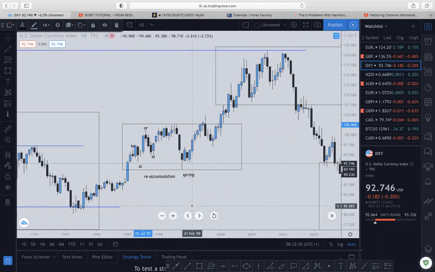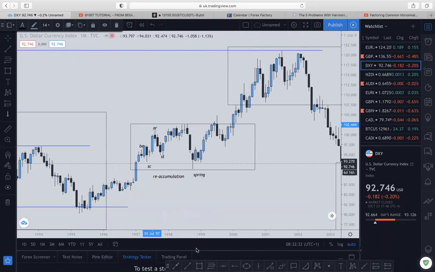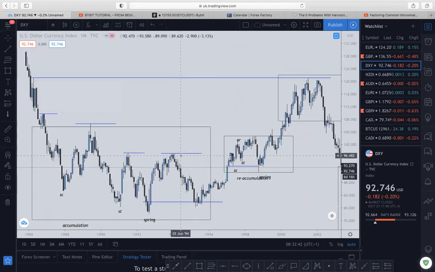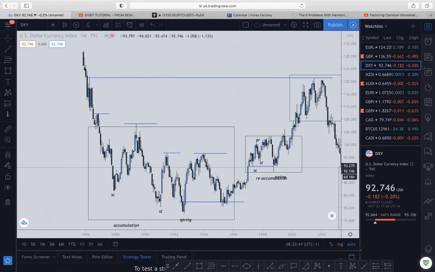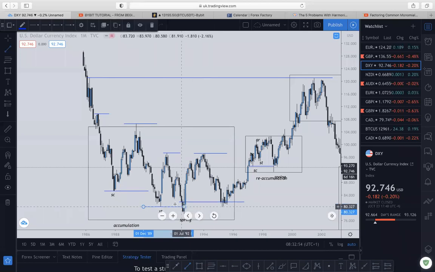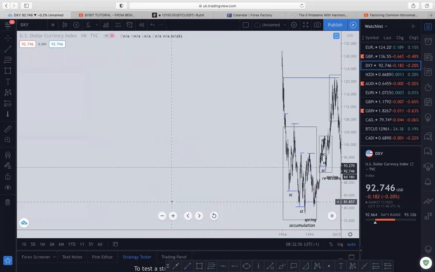Again, look at the way the spring went below all the liquidity that was available. I said to you, I'm proving to you, price will always go to where liquidity is. So look at this, guys. There was liquidity all the way down here, until price had cleared everything.